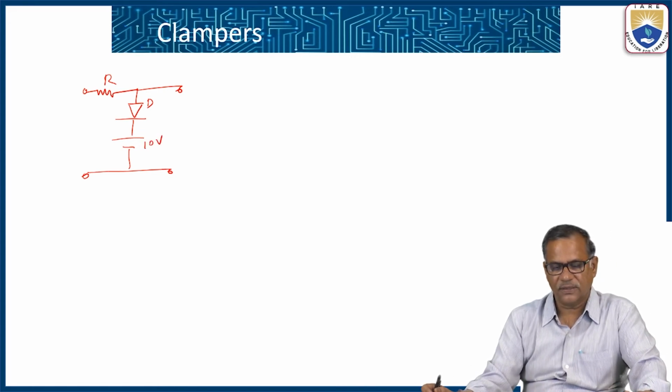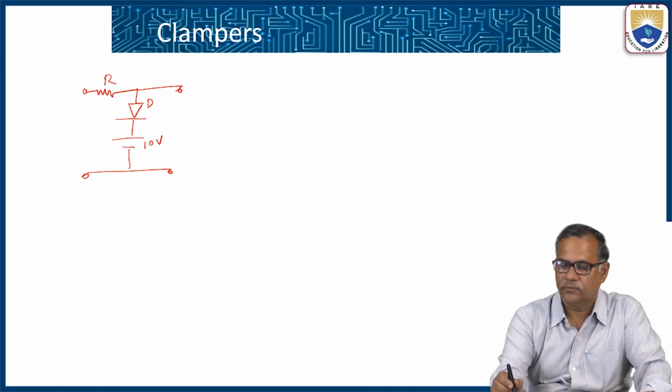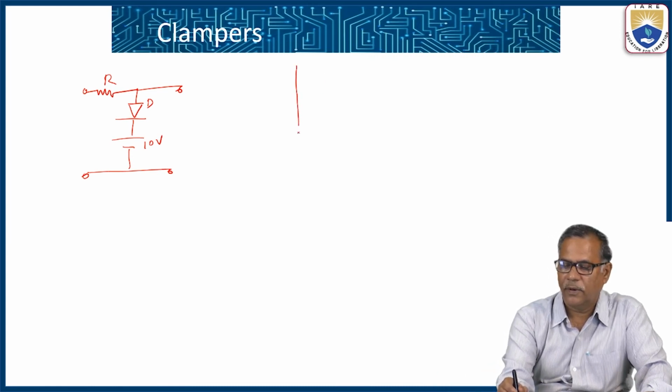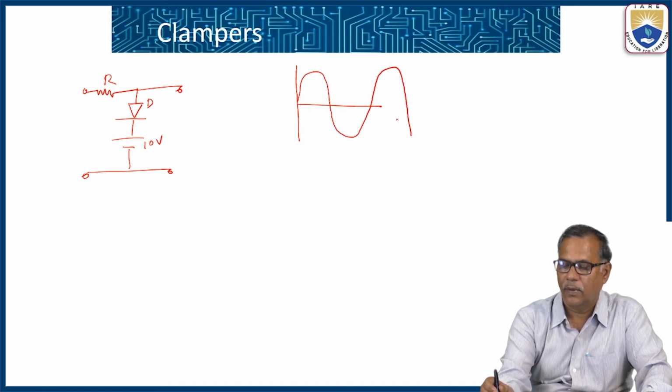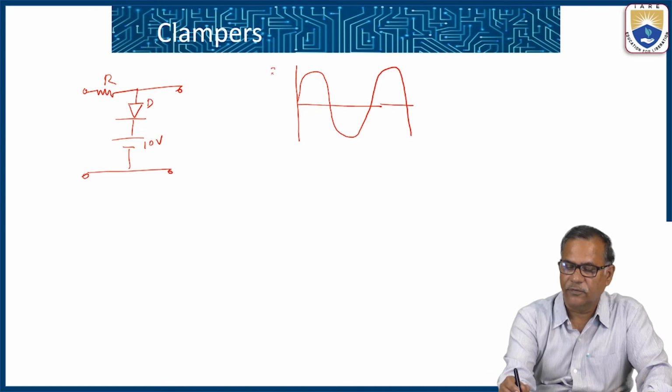So how does this circuit work? When you give a waveform like this, let us say the peak value is 20 volts, and this is 0, and this is minus 20 volts.